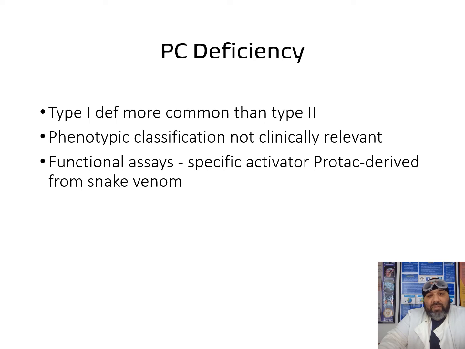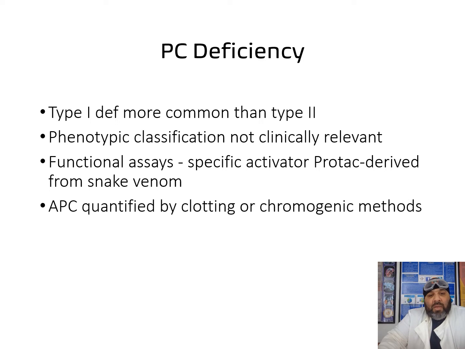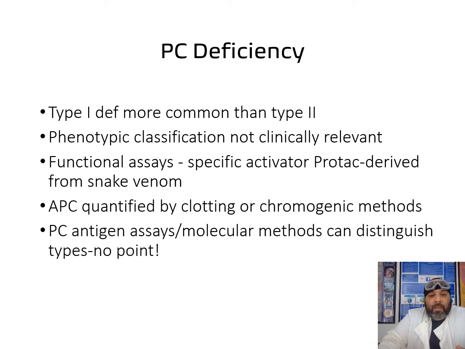Functional assays use a specific activator, Protac, which is derived from snake venom, and APC is quantified by clotting or chromogenic methods. PC antigen assays or molecular methods can distinguish the types.